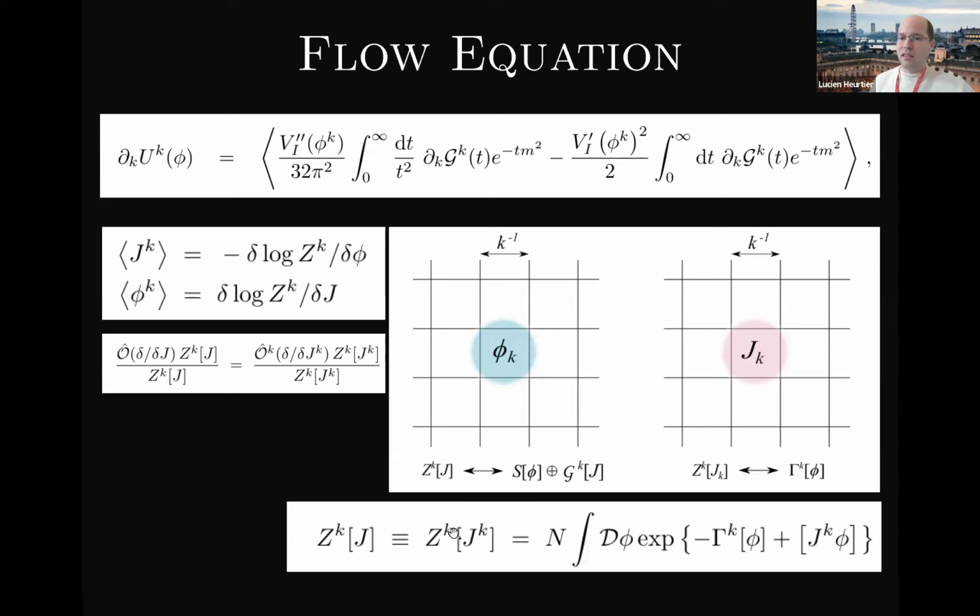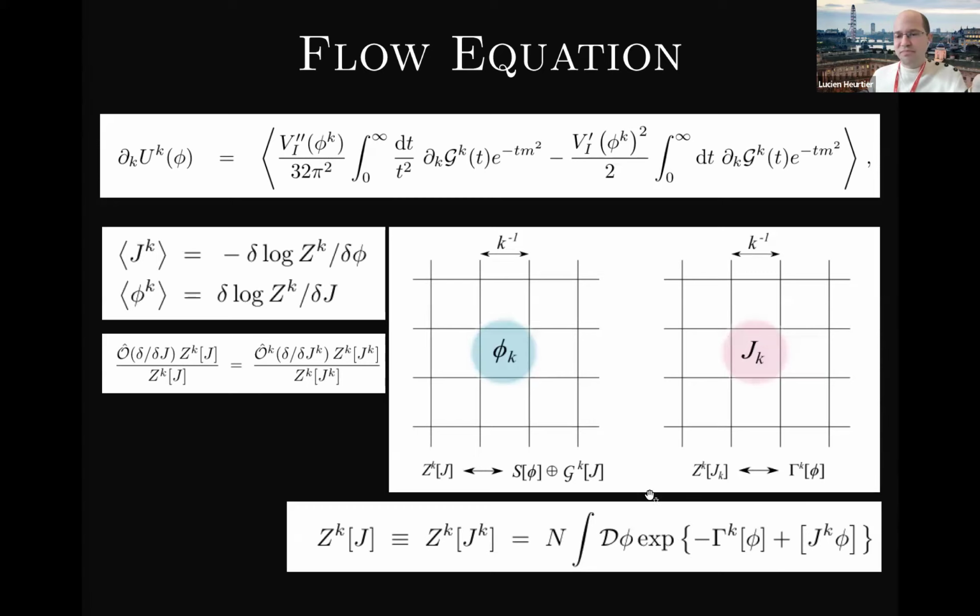So at scale k, we have an effective action of the current J k. Then you can write this as a path integral of the action as a function of phi plus J k times phi, because it's J k now, not J anymore. It's a little bit of gymnastics, which requires thinking about it a little bit, but I think it makes sense.